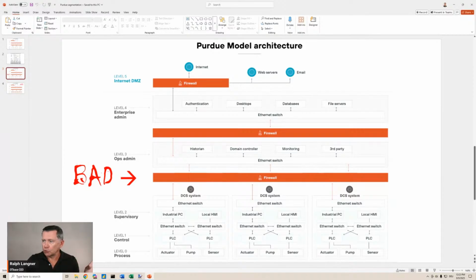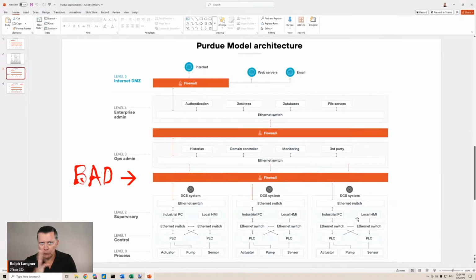So you just use another uniform firewall across that whole level. That's a bad idea. That's a very bad idea, because if any of these work cells or functional units get compromised, it will affect all these units.